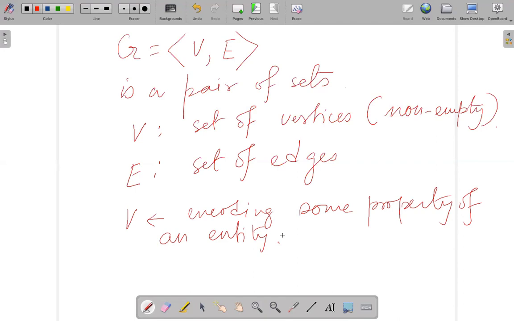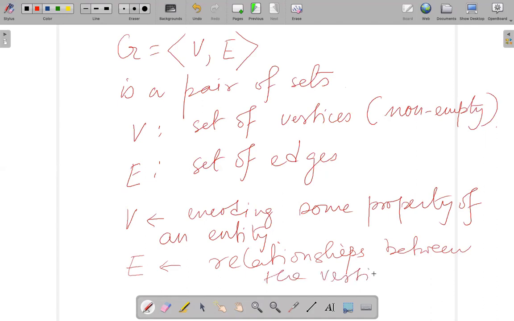Sometimes V itself is also called entities. So vertices are nothing but a set of entities. You can think of it like that. And E is the relationships between the vertices. Read entities.